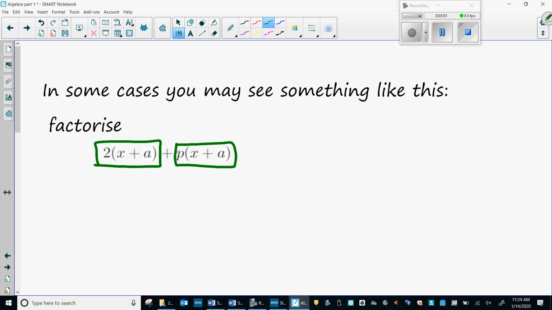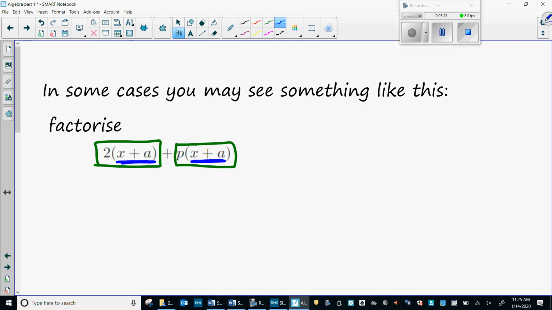Do you notice anything special about the brackets? They're both exactly the same. So this bracket is the thing that is common. Can we see that? We've got 2 lots of x plus a, plus p multiplied by that same bracket. The thing that's common is the bracket.